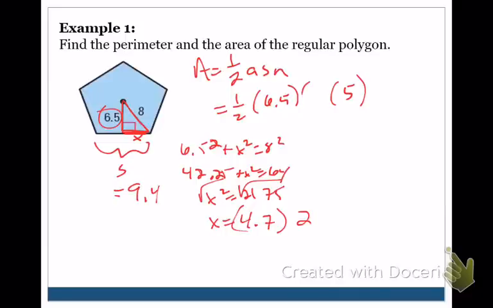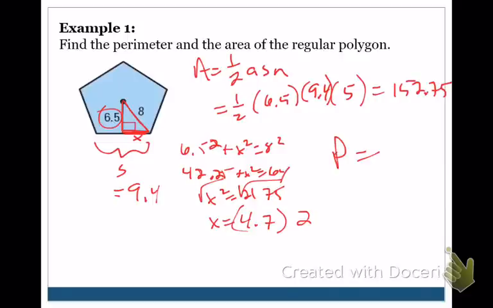So then the side length is 9.4. We multiply all that together, and you get about 152.75 square units.